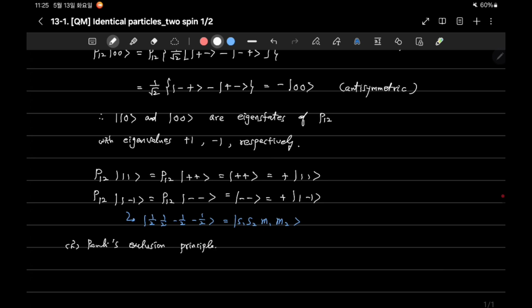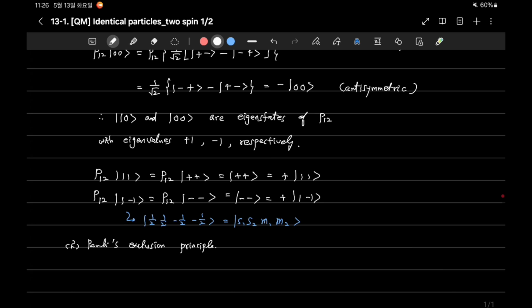We already know the Pauli exclusion principle from modern quantum mechanics. And there are two kinds of particles. One is the bosonic particle, and the other is the fermion. The bosonic particle can occupy the same quantum state, so many particles can reside in the same quantum state.